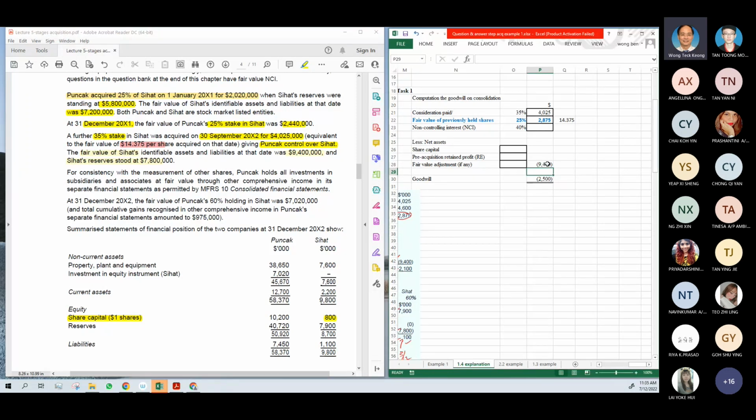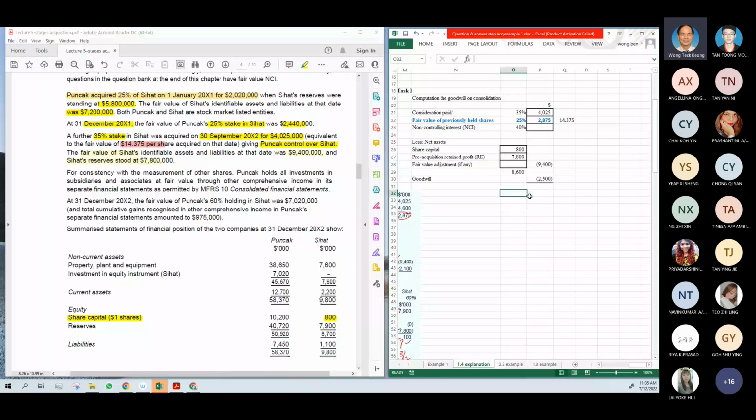But they say the reserve stood at 7,008, the reserve here, 10,800 reserve, share capital 800. So you realize that if you add these two, the reserve and the share capital, you can't get your 9,004. Different here, 9,004 and 8,006.